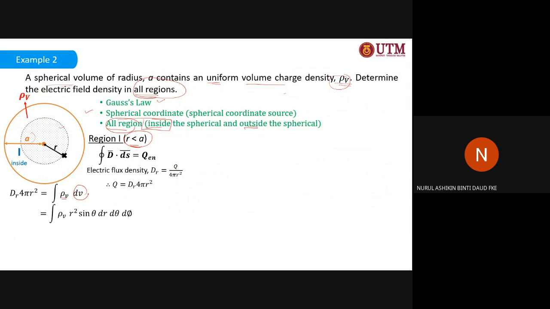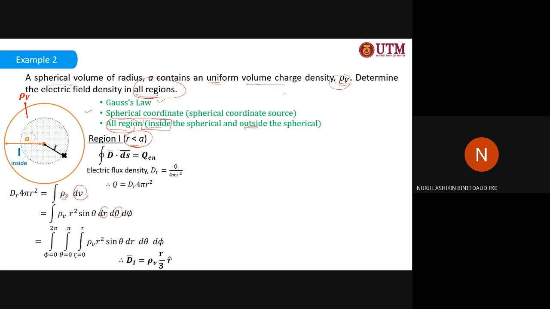And what is our dv? The one that we deal with is spherical coordinates. So if we look back to our previous notes, what is the formula for dv in terms of spherical? It is r squared sine theta dr d theta d phi. These are the formulas we derived in the last topic, right? From here we can see that there are three variables involved, which are r, theta, and phi. So you have to set the limits for each of the variables.